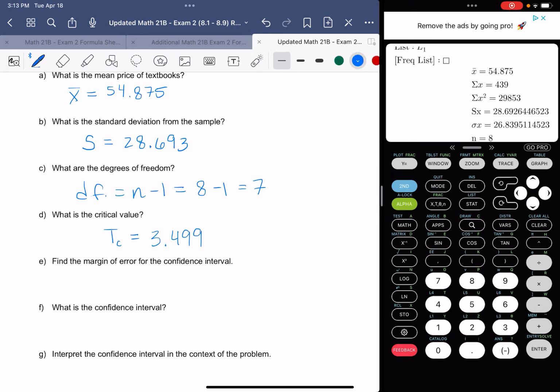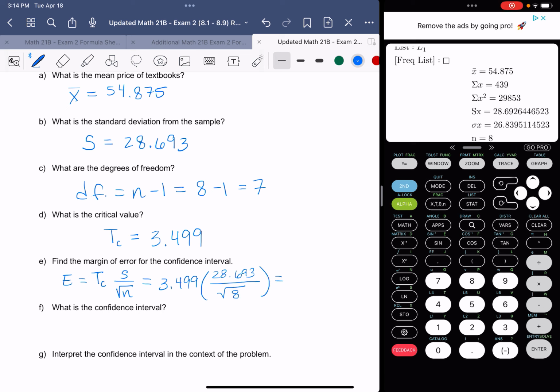All right. So the margin of error is equal to, I already forgot what it was, t sub c times s divided by the square root of n. At this point, you know each piece of information here, so it's a matter of substituting in. T sub c, we said, was 3.499, times s, we said, was 28.693, divided by the square root of n, where n was 8. 8 was the sample size. Let me plug this into my calculator.